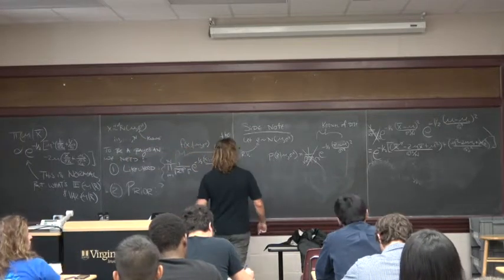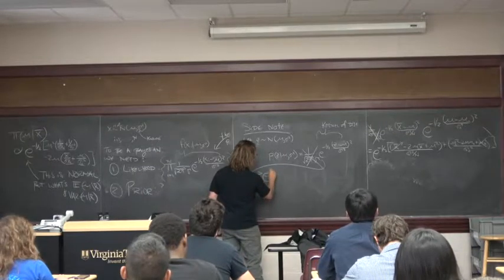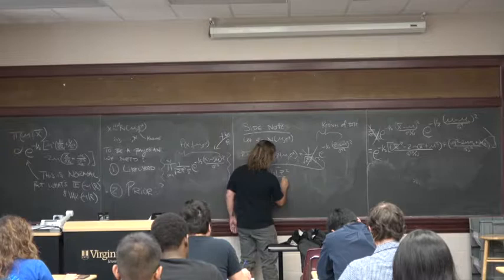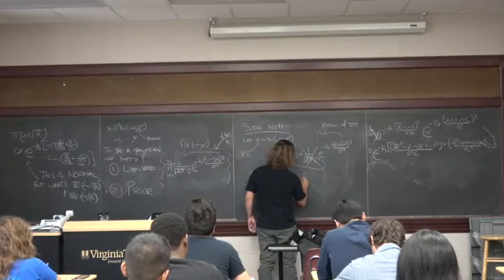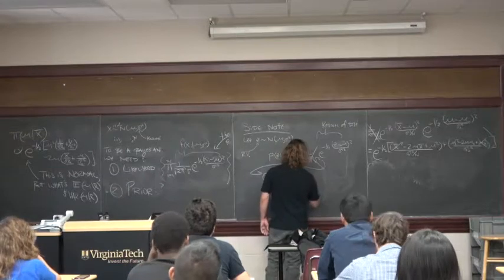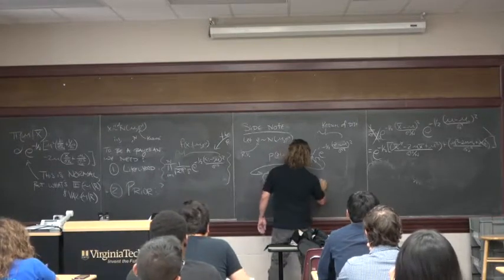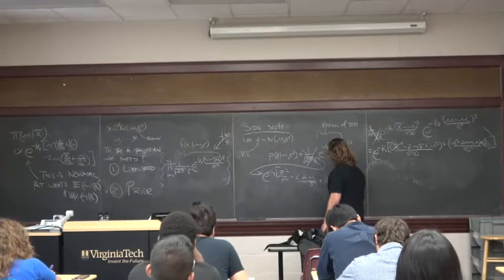So that's what we call the kernel. So I'm going to look at that thing, and I'm going to rewrite it as e to the minus 1/2 of z squared over sigma squared, minus 2z mu over sigma squared, plus mu squared over sigma squared.